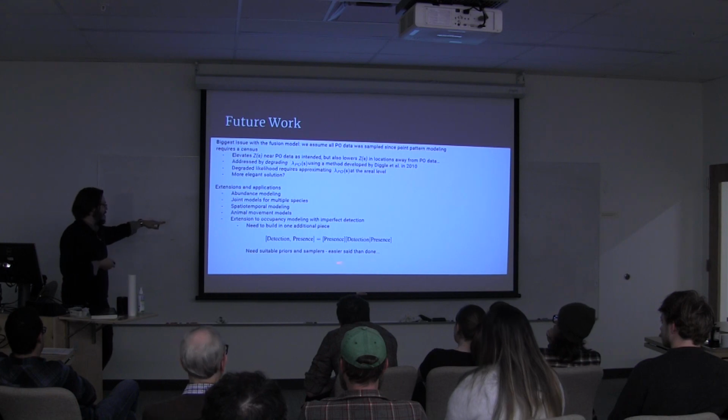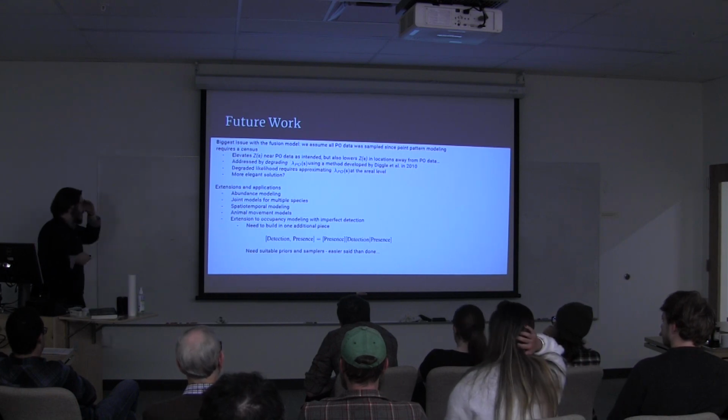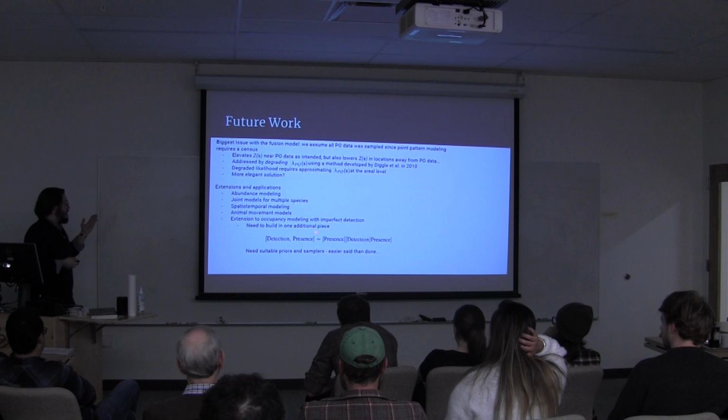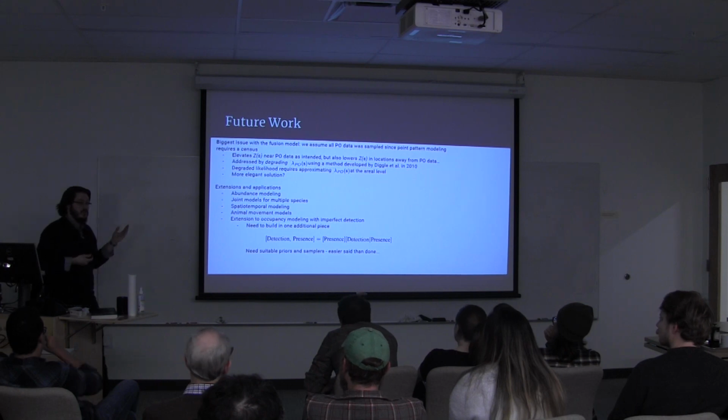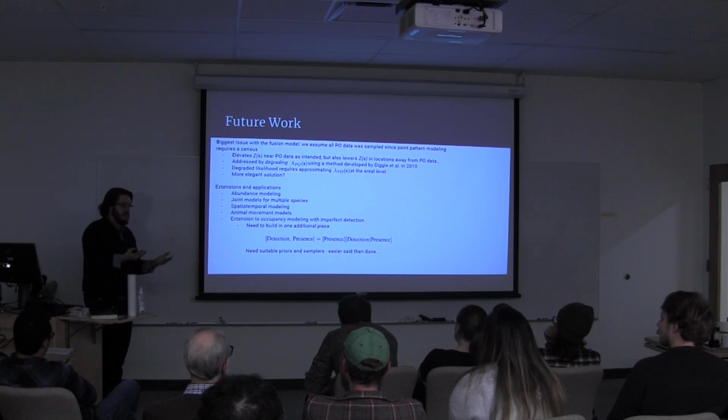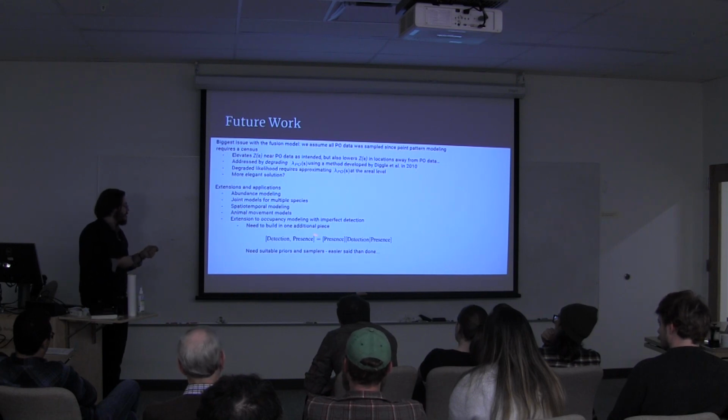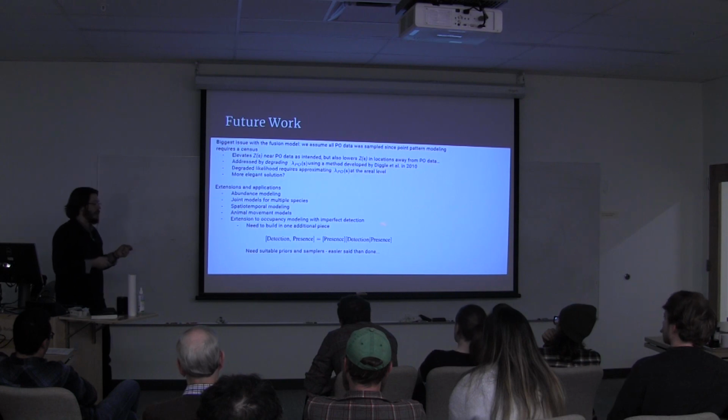And this is one that I identified myself that I'm really interested in: extending this presence model to an occupancy model. The only difference there is that you're not only modeling whether or not the species is there, you're also not assuming you have perfect detection. So you're going to have to model detection given presence along with presence.